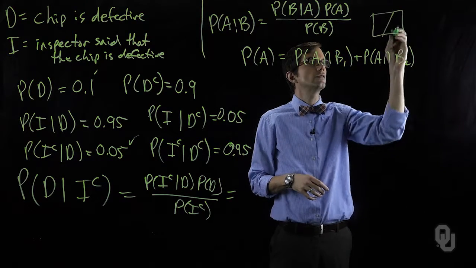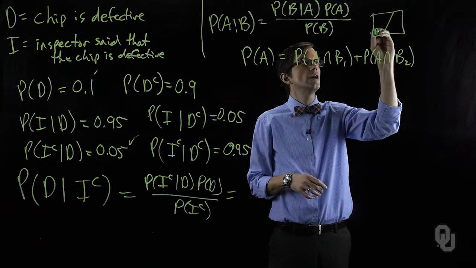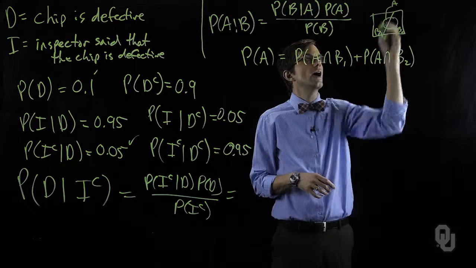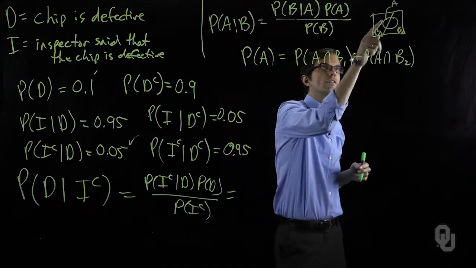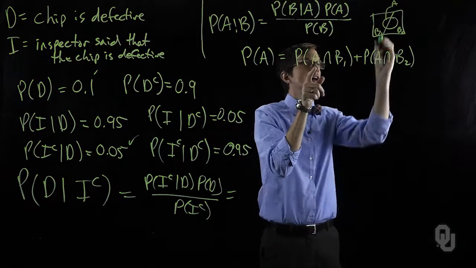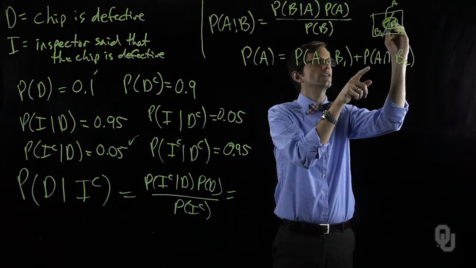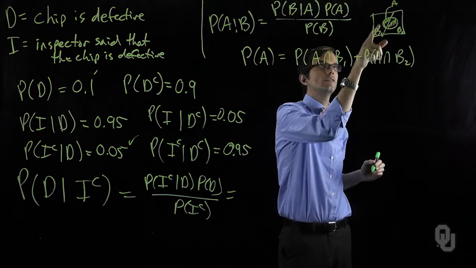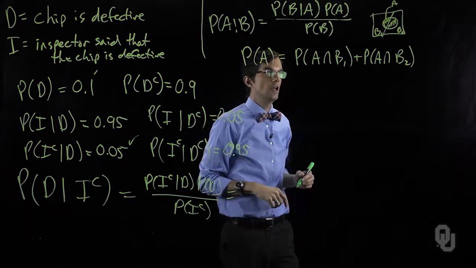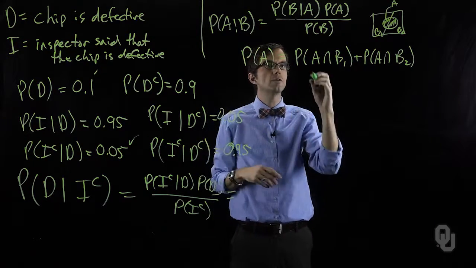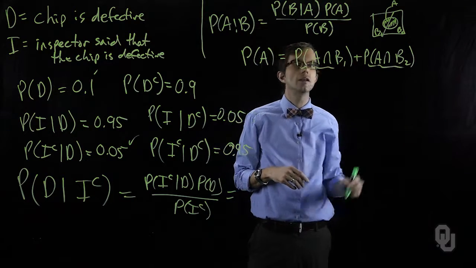So let's do this. Here's our entire sample space. Here's B1 over here. Here's B2. And here's this event A. So what is the probability of A? Well, it's the intersection of A and B1, plus the intersection of A and B2. That's the probability of A. We also said, using some of our probability rules, that this could be written in a little bit different way.